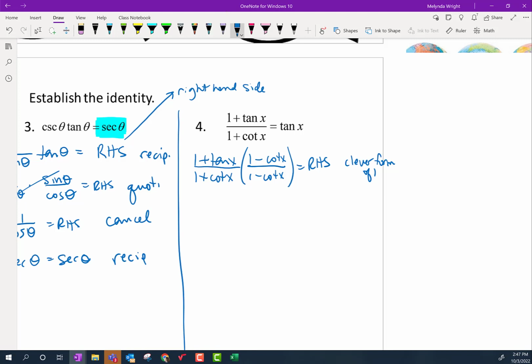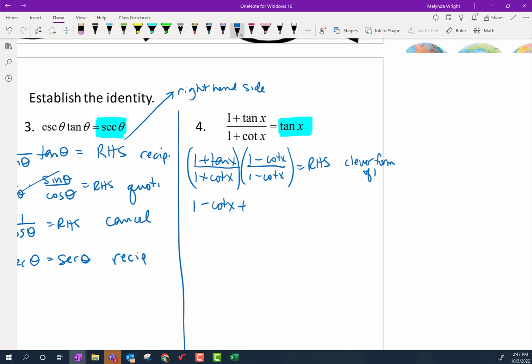So I'm going to just multiply everything out because, so what's our goal? Our goal is to be here. I need to somehow shrink all of that big mess to just a tangent. So I should not have any parentheses left, right, in the end. I'm just going to have a tangent. So let's FOIL all that out. I hope we remember that that would be foiling. So 1 times 1 is 1. 1 times negative cotangent is negative cotangent.